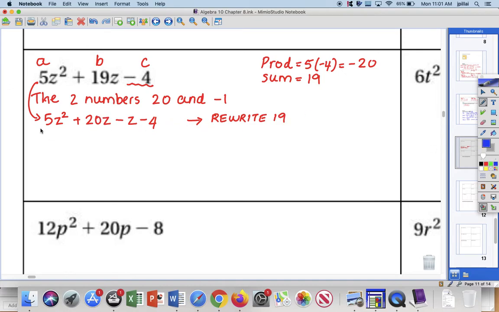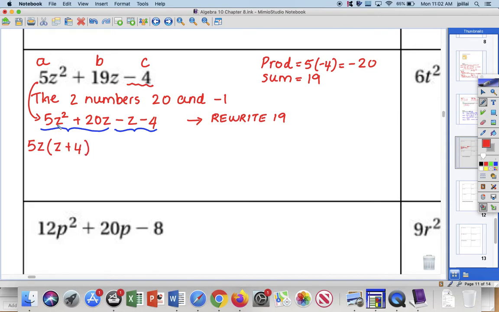We are going to group the first two terms and the last two terms along with the sign. So for the first two terms, 5 and 20, and z squared and z, the common factor is 5z. That'll leave you with z plus 4.